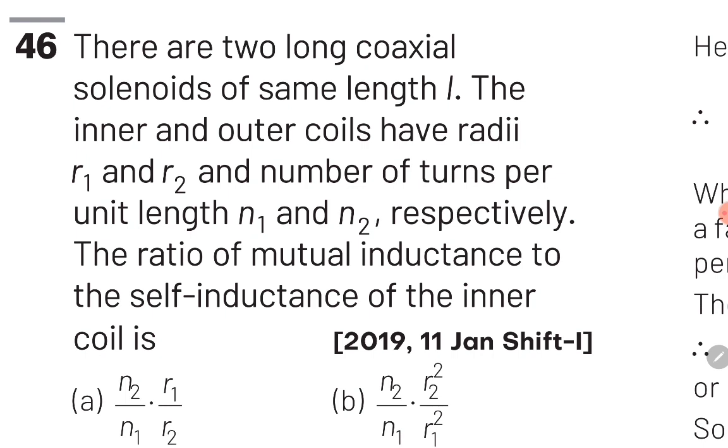Guys, when you have one solenoid inside the other, mutual inductance is given by the equation mu naught n1 n2 into area into length. Guys, in this formula, we always use the area of the smaller solenoid, which is the inner coil. So these are the two formulas we have to use in this question. Let's observe this in the solution in the next slide.